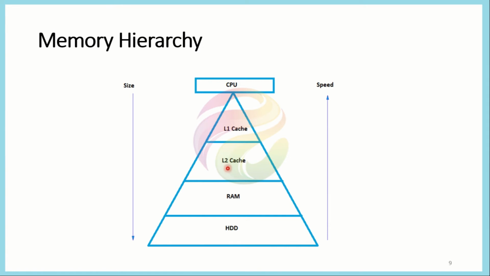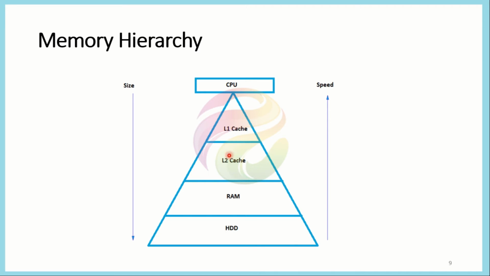They basically give the CPU the most recent data it needs. All the recent data is stored in the L1 cache, and after that it is stored in the L2 cache. Mostly the L1 cache is inside the chip of the processor, while the L2 cache exists on the motherboard.